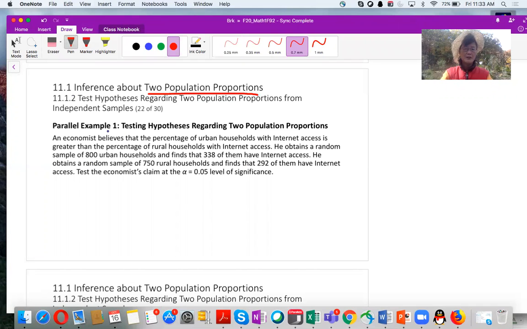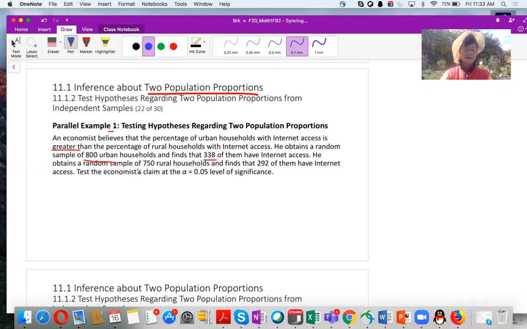So example one: an economist believes that the percentage of urban households with internet access is greater than the percentage of rural households with internet access. He obtains a random sample of 800 urban households and finds that 338 of them have internet access.